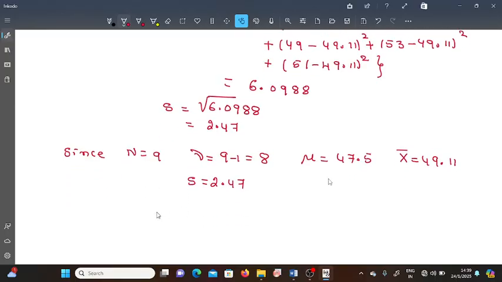If we consider the t statistic, t is equal to (x bar minus mu) by (s into square root of n).